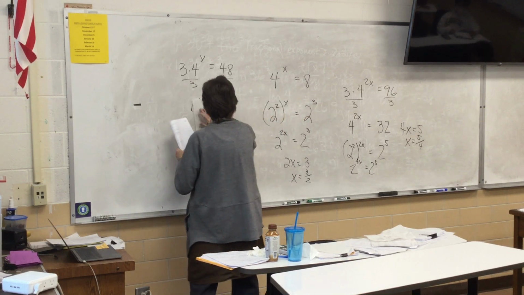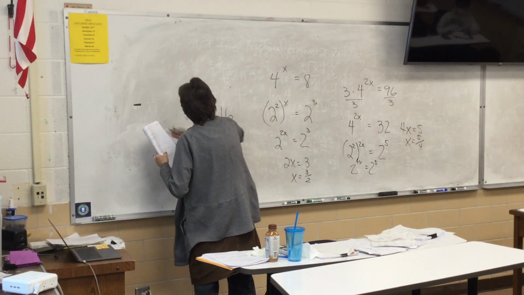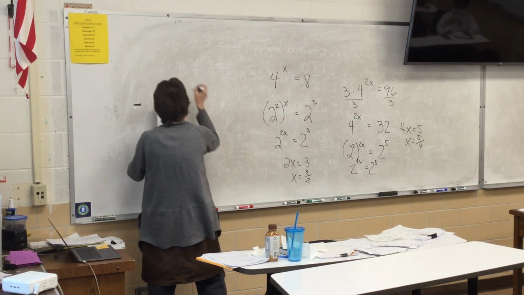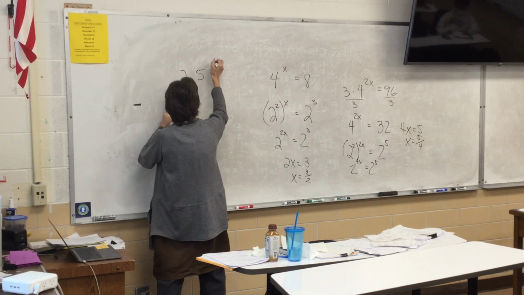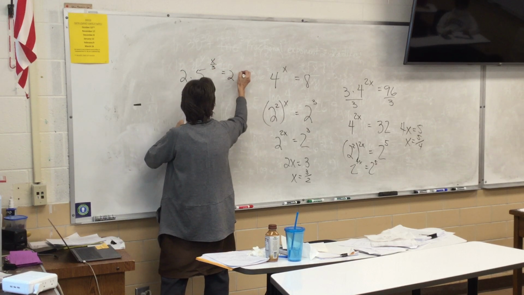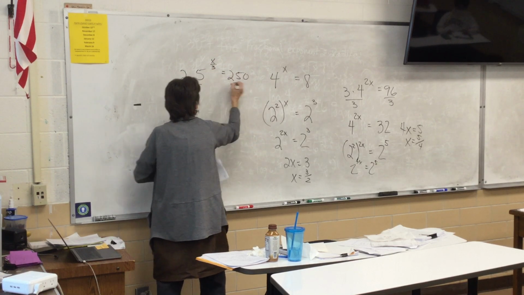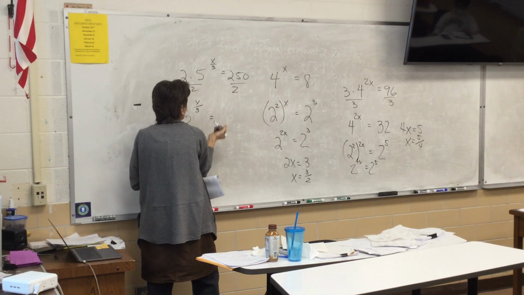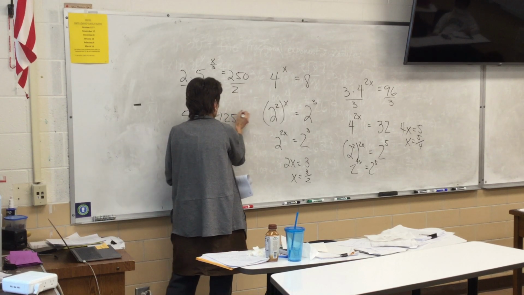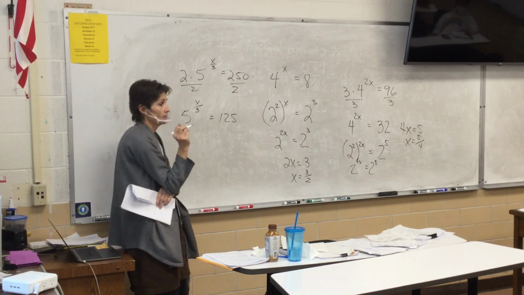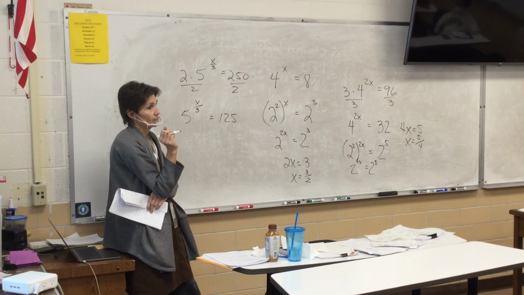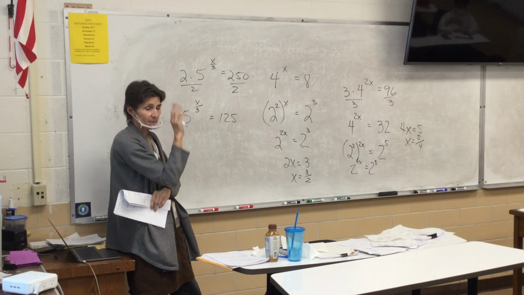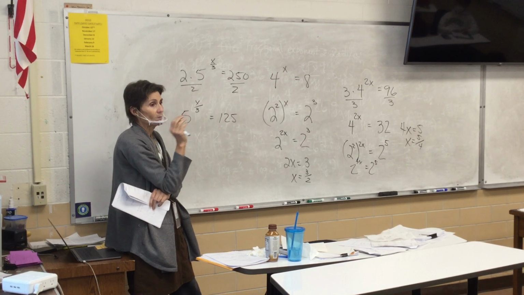Let's look at E. Lillian, what's the first thing I'm going to do in E? Divide by 2. Yep. So 5 to the x over 3 equals 125. Is 125 by any chance a power of 5?